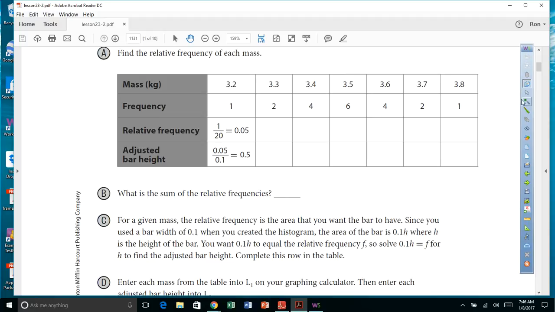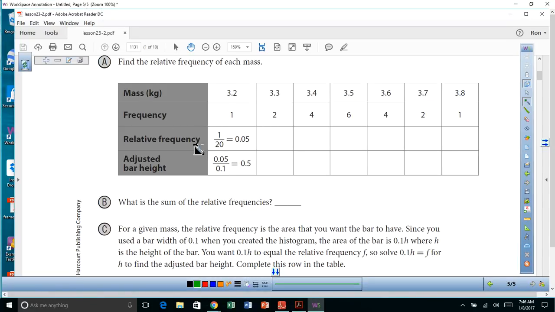Find the relative frequency. All right, so let's see here. 2 over 20 is 0.1. 4 over 20 is 0.2. 6 over 20 is 0.3, and that's 0.2, 0.1, 0.05.